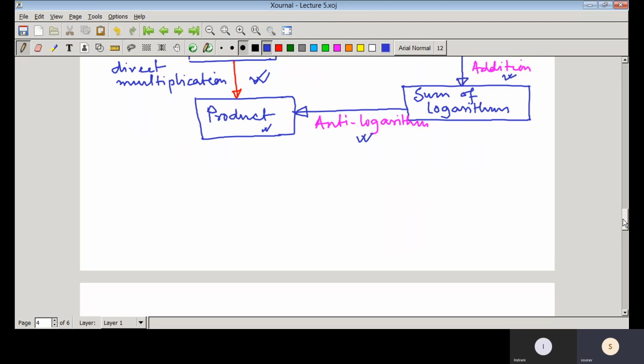So here, suppose we have an integral differential equation. Let us see what happens in the case of Laplace transform.